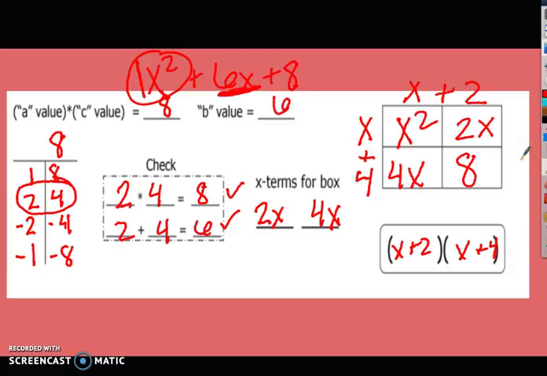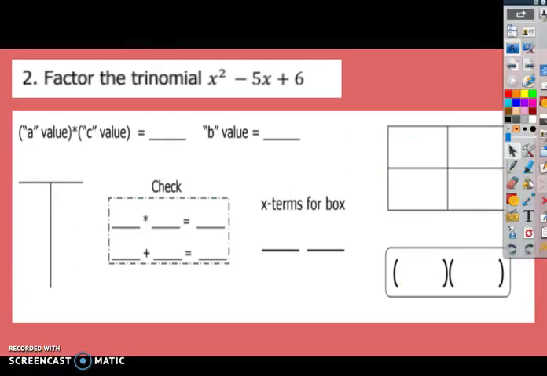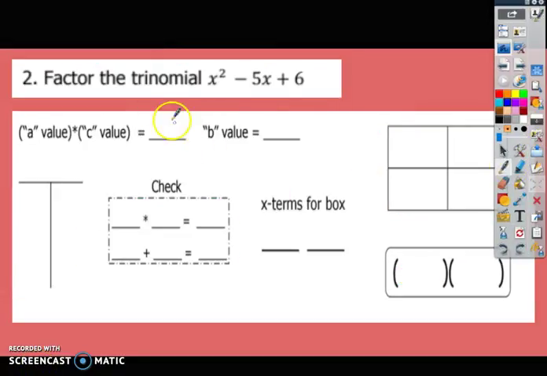Alright, so we're going to do one more. Take a second, look at this. Okay, so on this one, what's a times c? And what's your b value? Negative 5. Okay, so I'm going to look at the factors of 6. What are the factors of 6? 1 and 6.